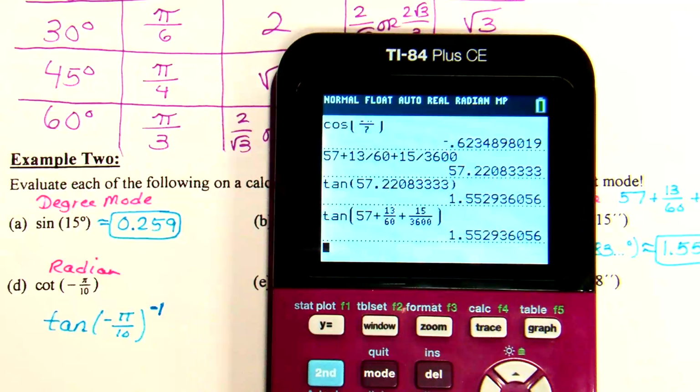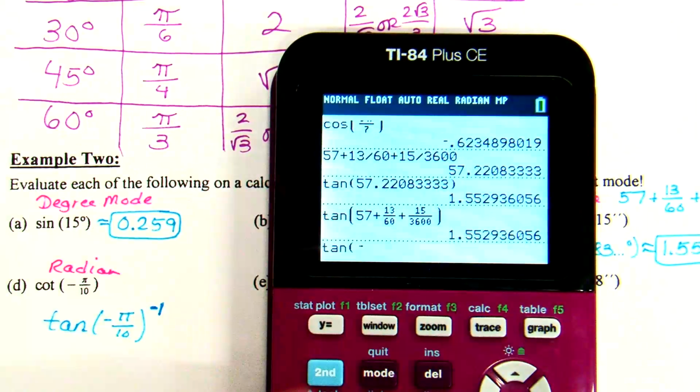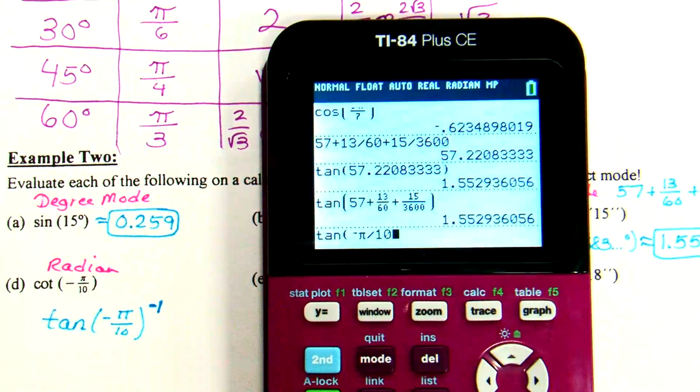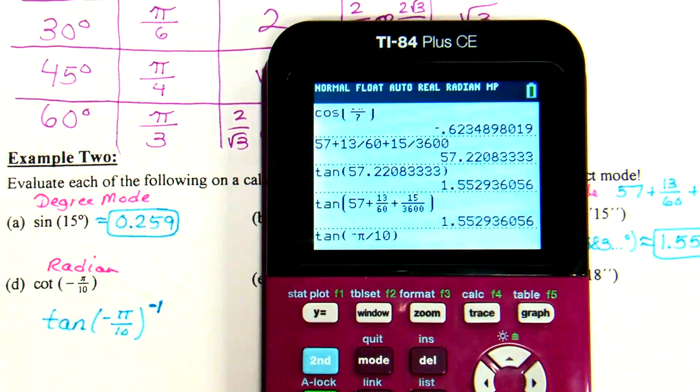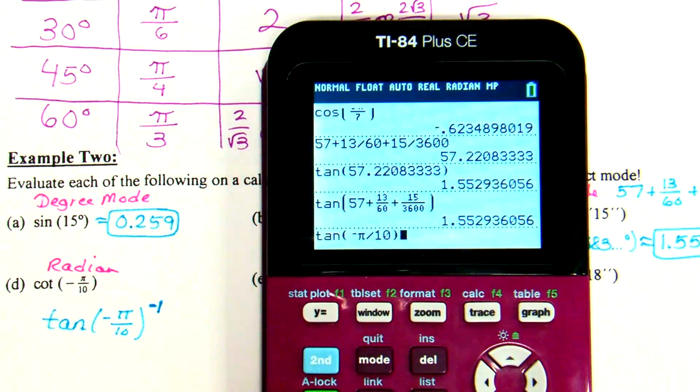Now, on my calculator, I can just type it as is. So I can do regular tangent of negative pi divided by 10 in my parentheses, and then you can raise it to the power of -1, or on the left, do you see that x to the -1 button? You can hit that if you want. That's raising something to the power of -1.